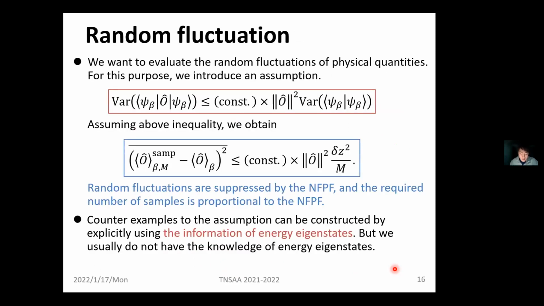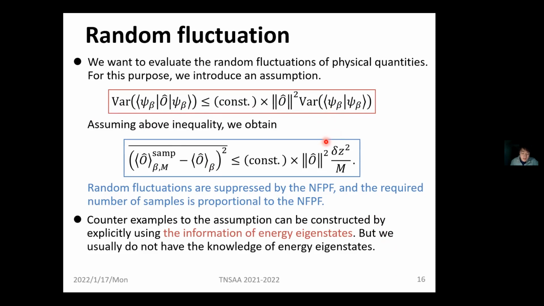Now, the other way around, we can explain the meaning of NFPF. For example, if we think about evaluating the physical quantity O, for usual thermal states, the variation of the expectation value of the operator O is bounded by the square of the norm of O times the variance of the norm of the chosen thermal state.